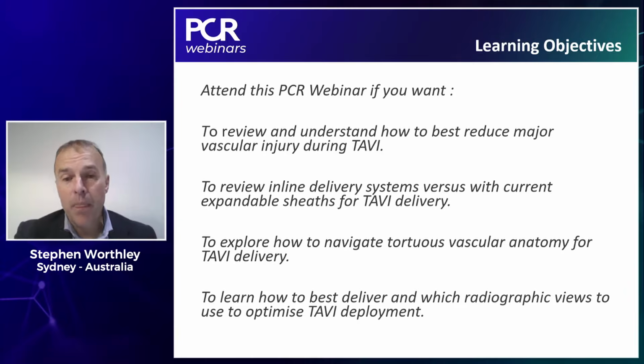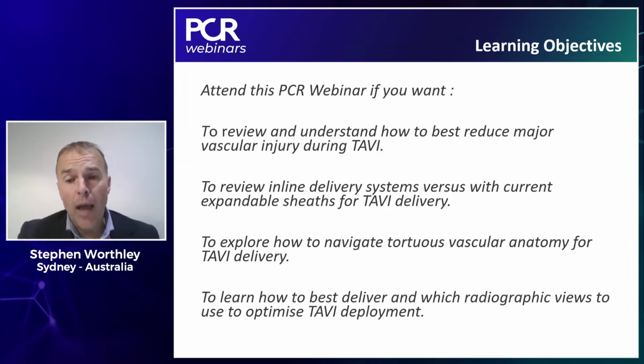Some of the specific learning objectives that we have for this session are firstly to review and understand how best to reduce major vascular injury during transcatheter aortic valve implantation. We're going to review the inline delivery systems that are currently available and compare them to the expandable sheath technology for transcatheter aortic valve implant delivery.